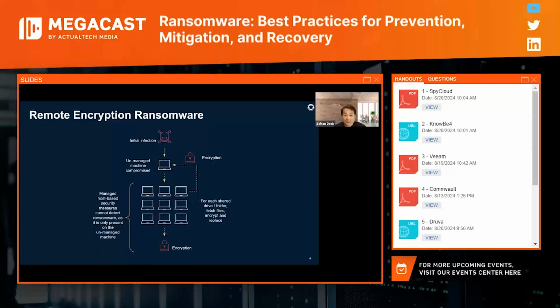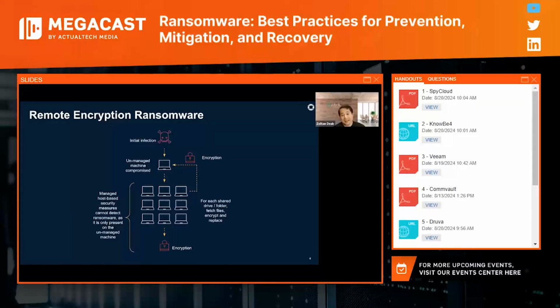By compromising and running malware on this machine, an attacker can encrypt anything they can reach in the corporate network and still remain undetected. So according to Microsoft's 2023 Digital Defense Report, about 60% of ransomware attacks involve remote encryption.